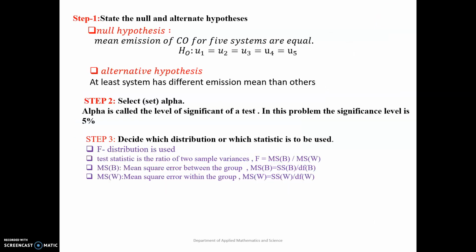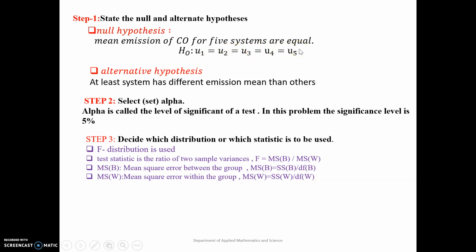So what are the steps required for Anova? Step number 1, you have to define your null hypothesis as you did before, your H0. You state that all the systems have equal mean. So the population mean for system 1 is equal to the population mean for system 2 up to system 5.